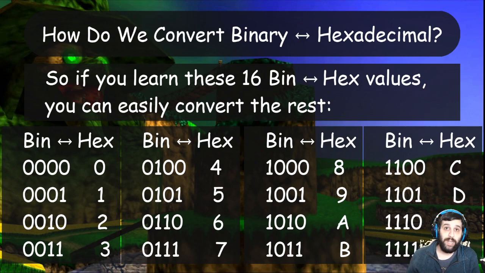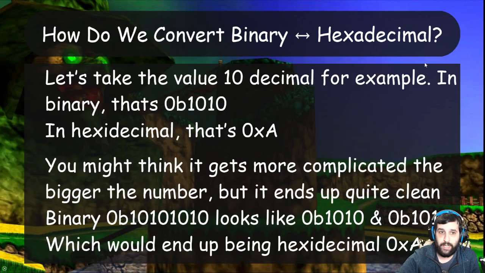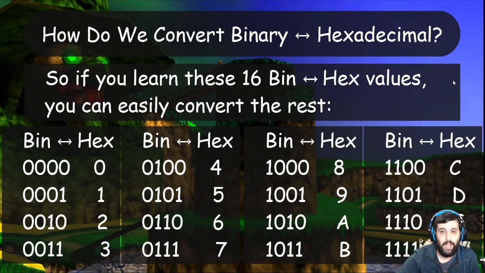Or you can do what I did back in here and just do the math for the binary as an example. But if you memorize these 16, or just get a good feel of the placements, like that's an 8, that's a 4, that's a 2, that's a 1, then you can easily convert between the two.